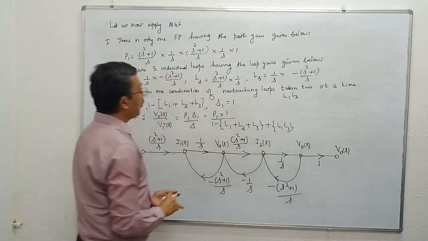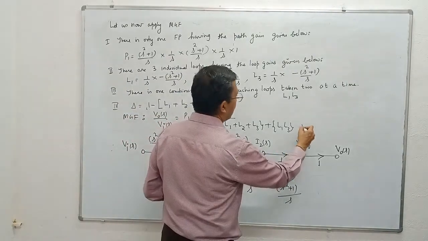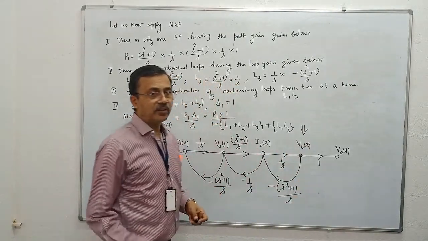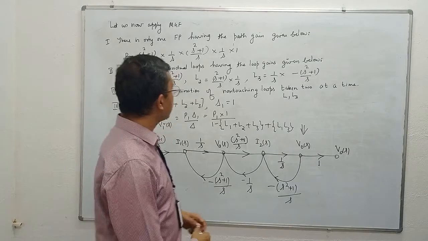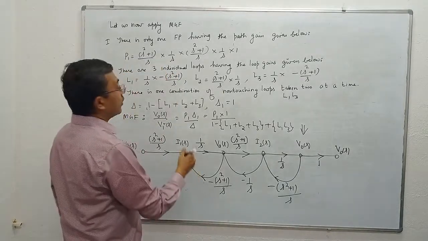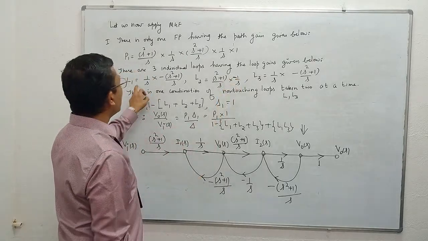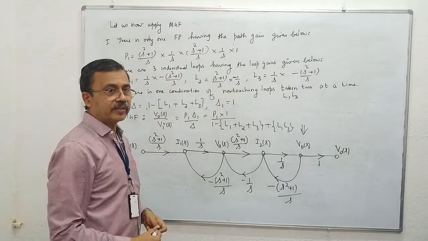So substitute the values of P1, L1, L2 and L3 and keep the answer. That is given as homework to you. Please do it. Put a minus sign here for L2. As I said, L1, L2, L3 all are identical. Thank you.